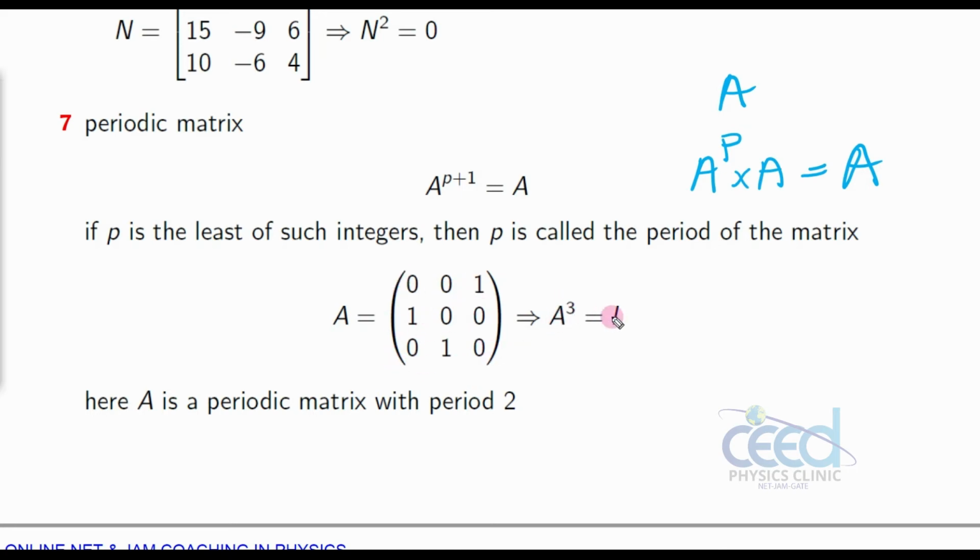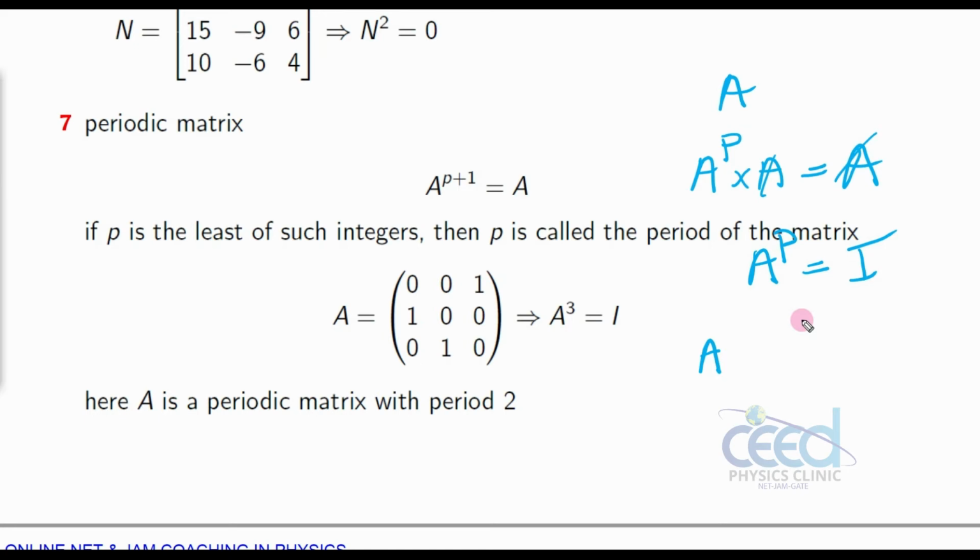When you find A cube is equal to I, so A cube is equal to I means A raised to P is equal to I. This A and A will cancel, so in a periodic matrix A raised to P is equal to I, right?